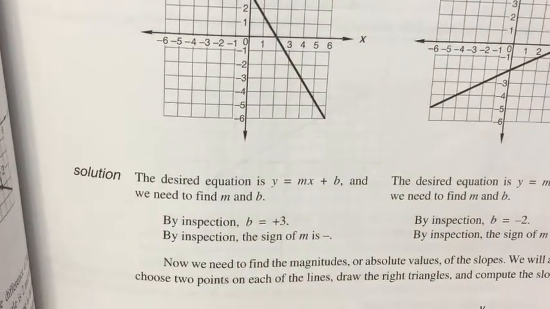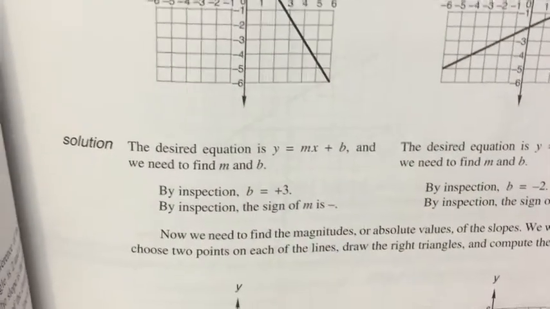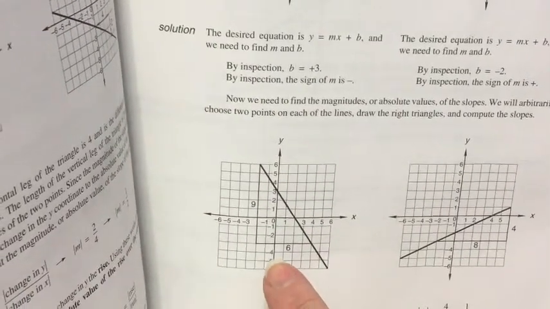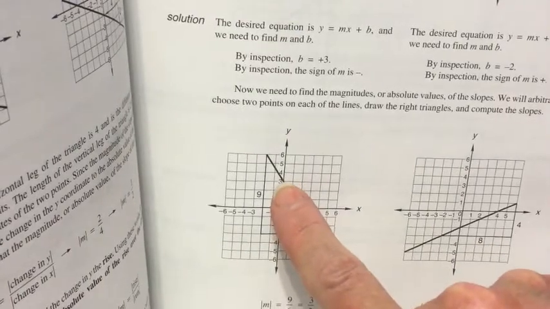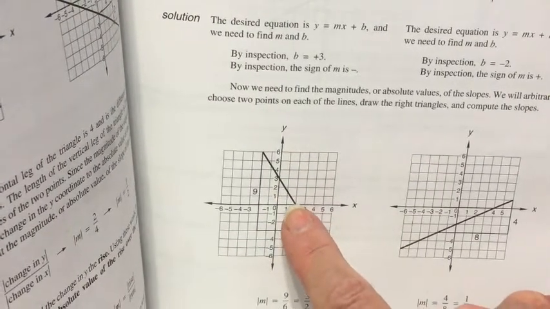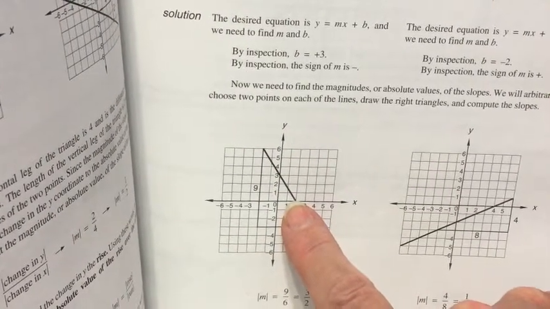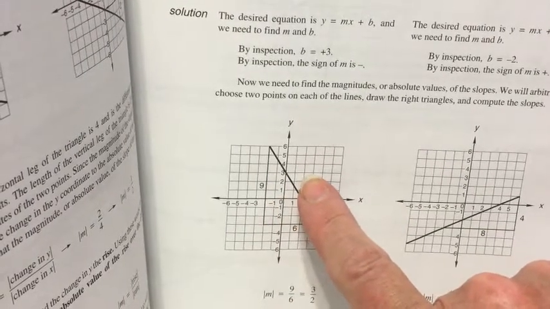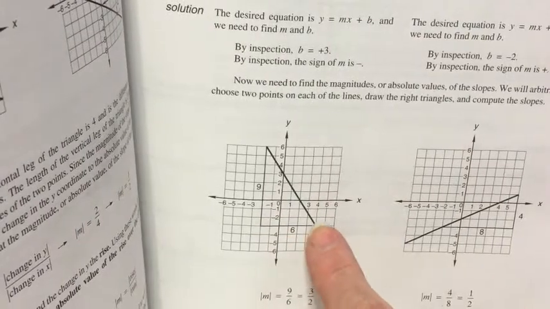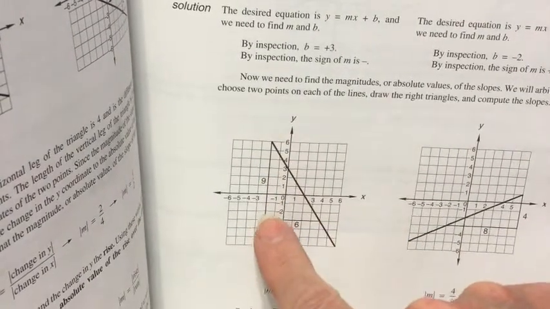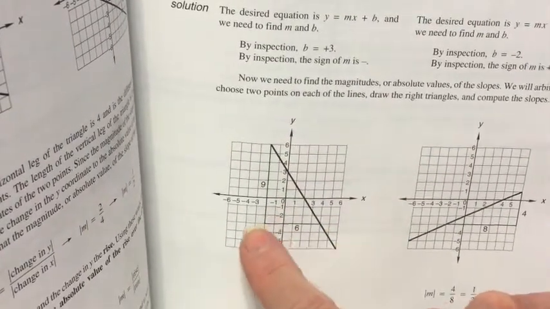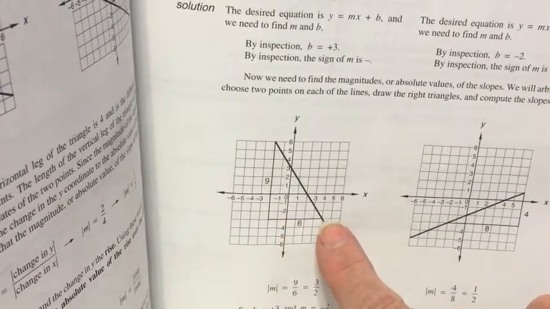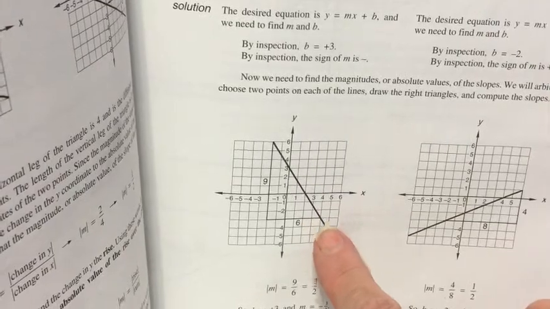Okay, so then they blew up these 2 points. Whereas I had picked 0, 3 and 2, 0, and I had gotten a vertical of 3 and a run of 2, they picked 2 different points. But when they did their triangle, their vertical was 9 over 6, which guess what?